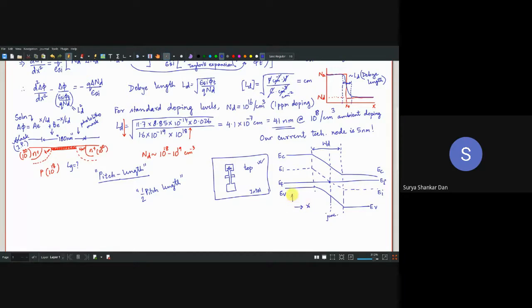This is the energy in electron volts, x is in nanometers. Now, in microelectronic devices, WD will be in the order of micrometers. What you will observe is that as far as the doping is concerned, doping is going to be something like this. Here is your Na and here is your Nd.